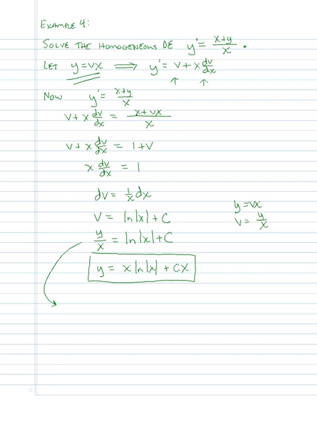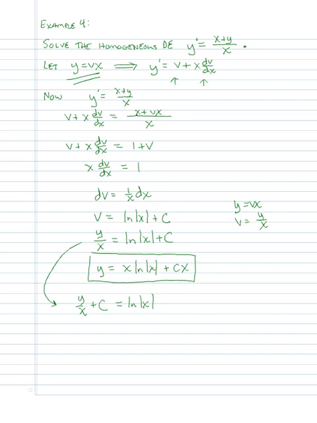Now, rather than say subtract c, remember c is just a constant, arbitrary, and we don't know whether it's positive or negative, so we'll just say plus c, okay? We'll just say y over x plus c is equal to the natural log absolute value of x. Remember, we don't know whether c is positive or negative, so whether we have a plus or a minus in front of it doesn't really matter. It just cleans it up a little bit, makes it look a little better.